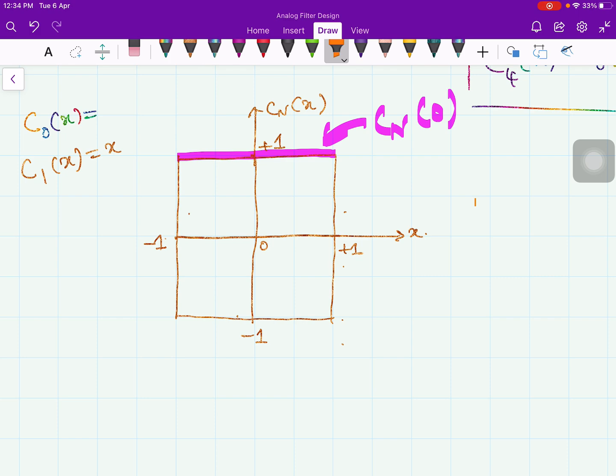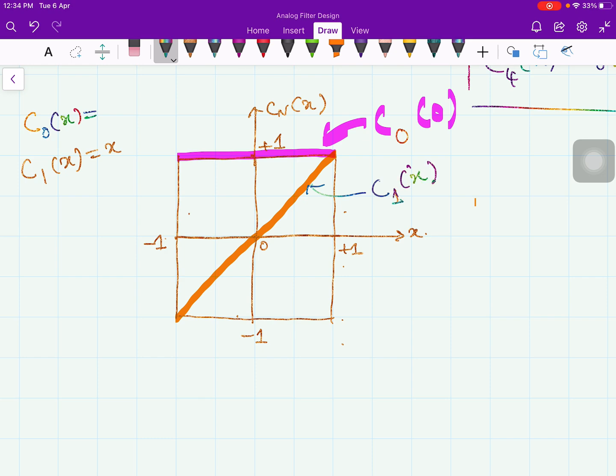Therefore it goes like this. So this is C0 of x, and this is C1 of x.